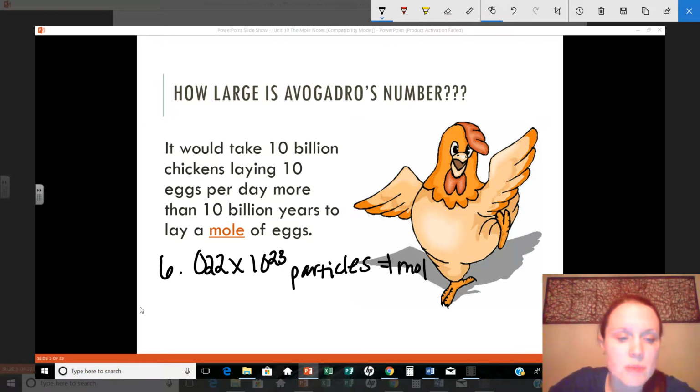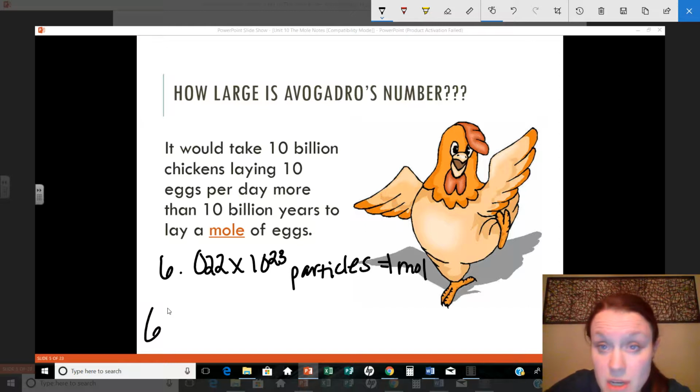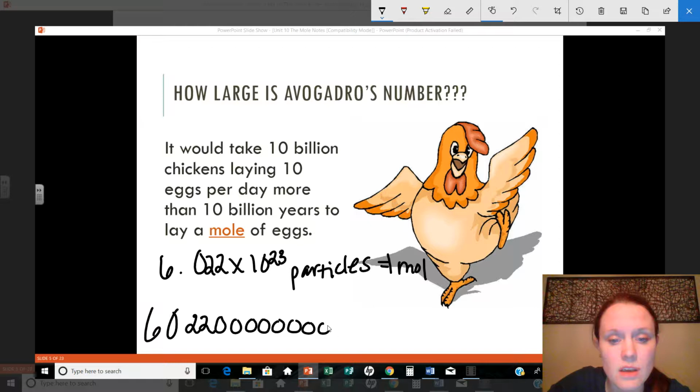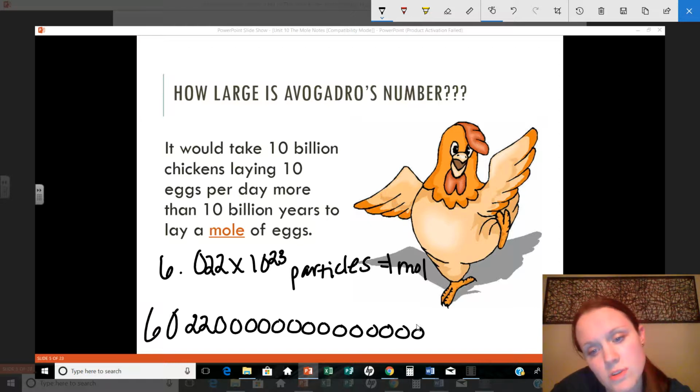How large of a number is 6.022 times 10 to the 23rd? If we expand that scientific notation, you're going to add 20 zeros after these 3 numbers here. So 1, 2, 3, 4, 5, 6, 7, 8, 9, 10, 11, 12, 13, 14, 15, 16, 17, 18, 19, 20.